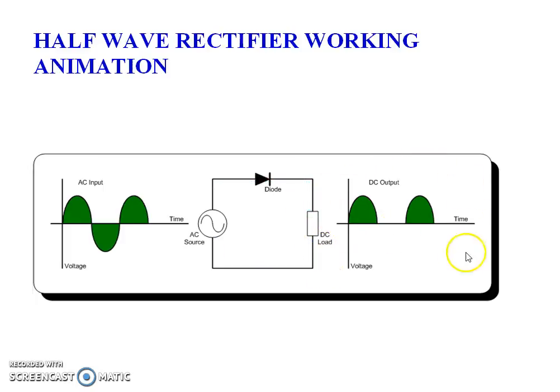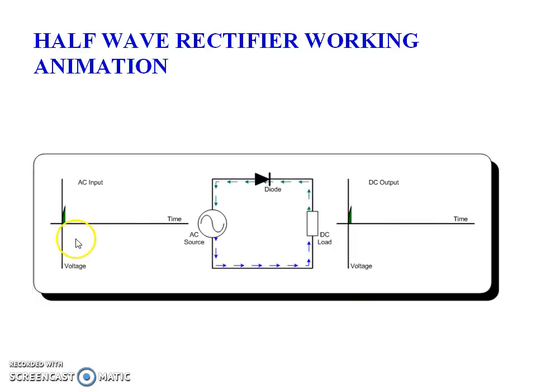And this part shows you the output that we get at the load section. So when we see there is a positive half cycle coming here, in this time, the diode which is connected here is getting forward biased. So during the forward biasing of the diode, there is a current flow that is taking place. But when it is reverse bias, there is no current flow. So that is actually happening here.